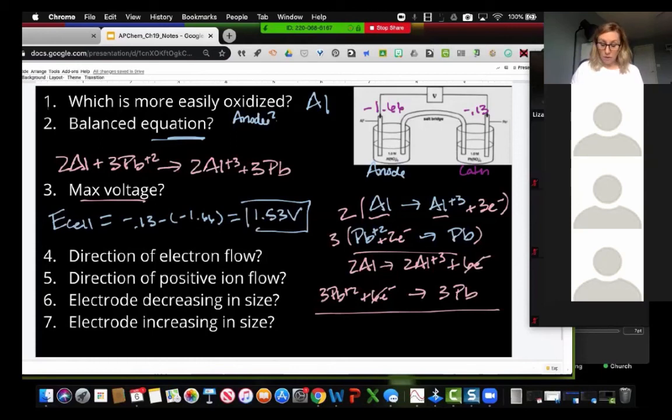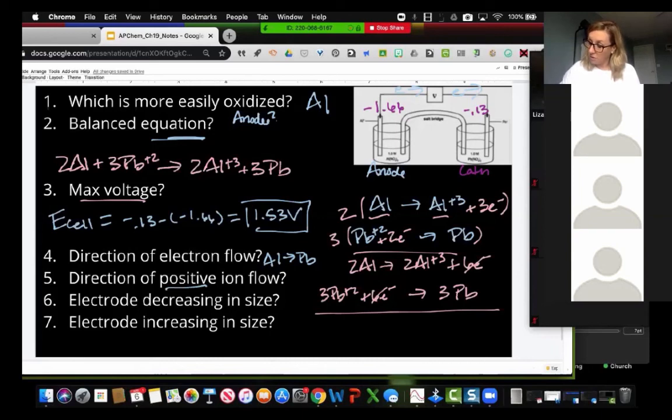Direction of electron flow, we labeled that earlier. So it goes from aluminum to lead, or if you had it, you could just draw it on there. So you could just show that the electrons are going in this direction like we did on the previous diagram. Positive ion flow, we said was going from Al.